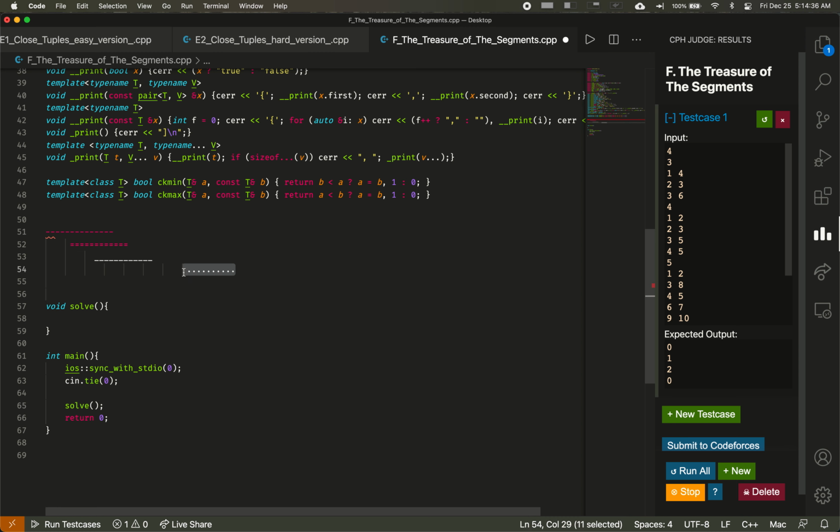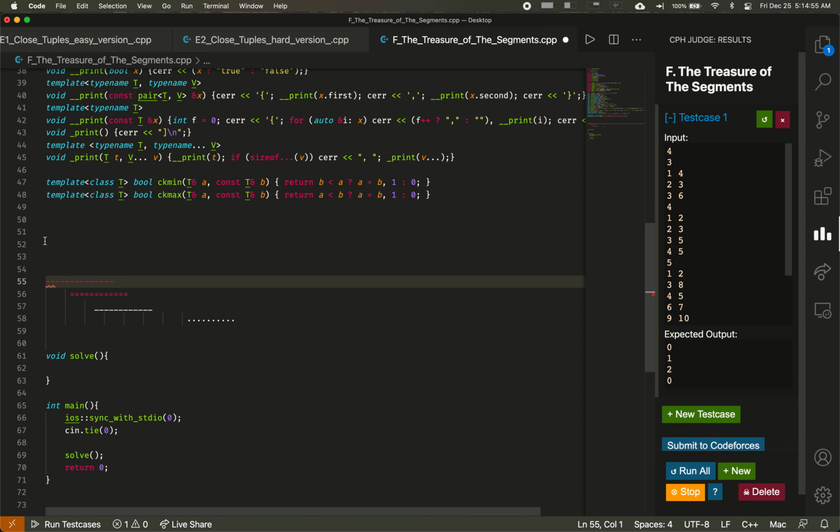So we try to find that. It doesn't intersect if the rightmost of our big segment is smaller than the leftmost of any segment, or if the leftmost of the segment is bigger than any rightmost. For example, if we have one more segment here, the leftmost of our main segment is bigger than the rightmost of this segment. So this will not be counted in the good set if this was the main segment.